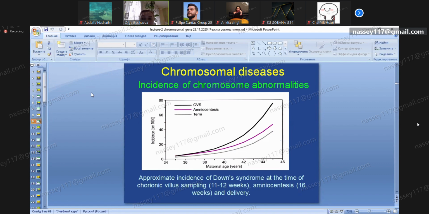This data has been obtained during invasive prenatal diagnostics, such as chorionic villus sampling, which we can use between 11 and 12 weeks of pregnancy, and amniocentesis at 16 weeks of pregnancy.